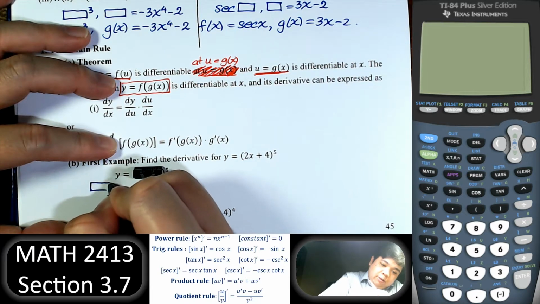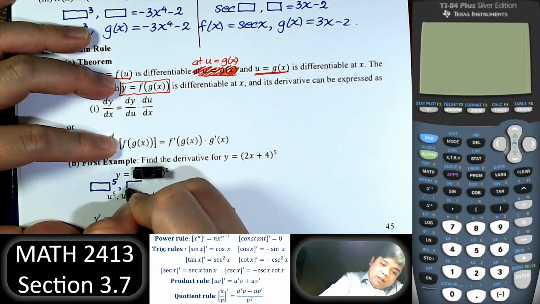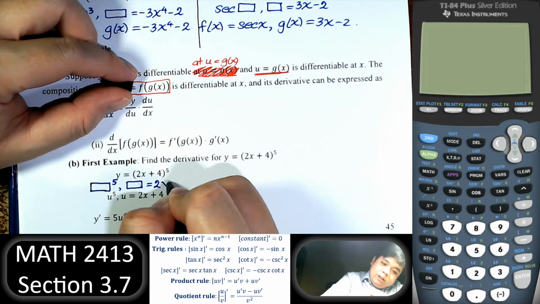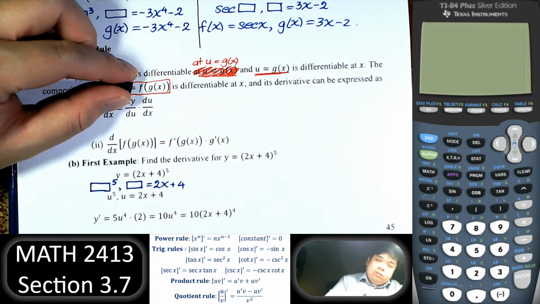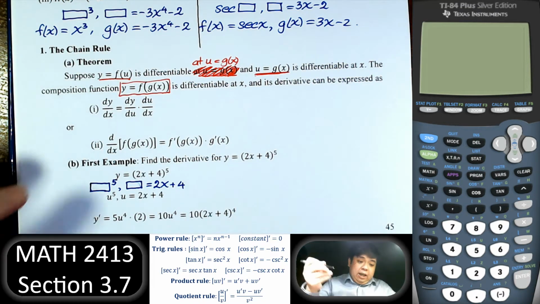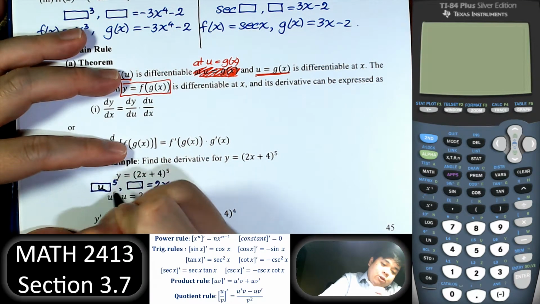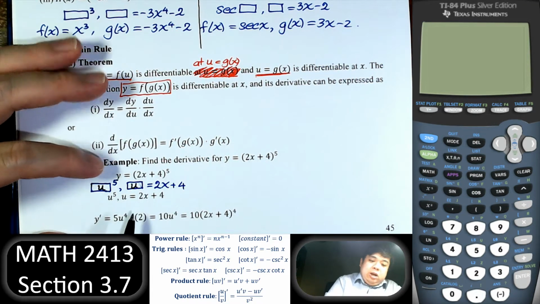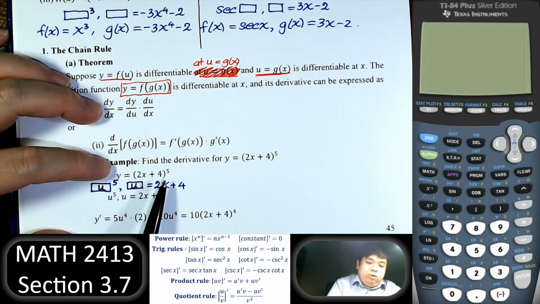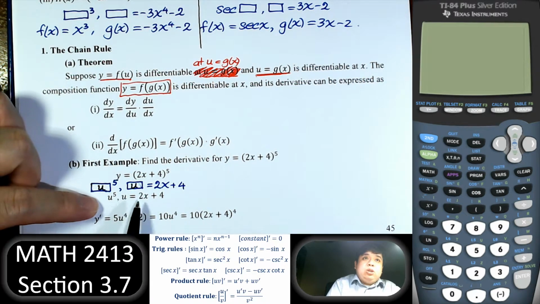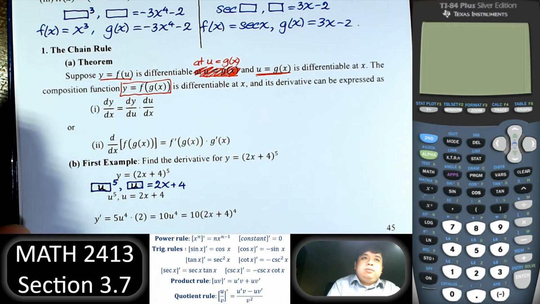And then we can label it anything we want. Let's say u. So in that case, y equal to (2x plus 4) to the fifth decomposes into u to the fifth, where u is equal to 2x plus 4.